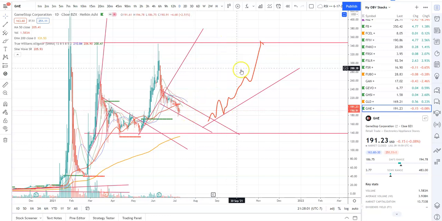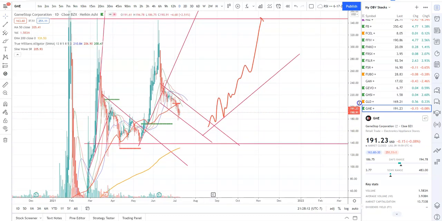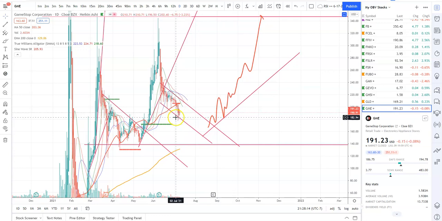So inside this larger channel we have a smaller time frame, maybe even an intermediate term channel I would call this, that's developed with prices in a range of about $30, and we are currently working down inside this channel. It's what we pinpointed last time.